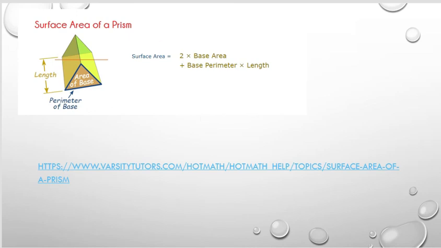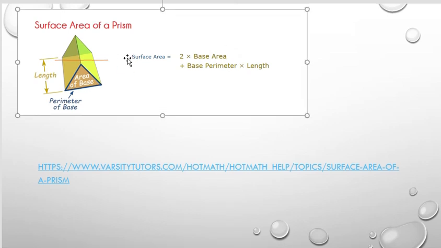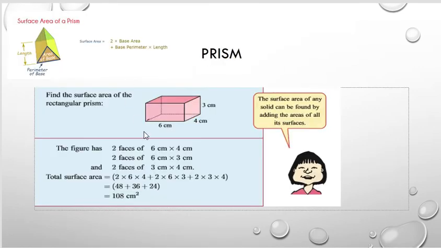Let's go and check our prism earlier. So, please take note of the formula. We will be using this formula for the other solution. Now, let us find the surface area of the prism given here using our formula.